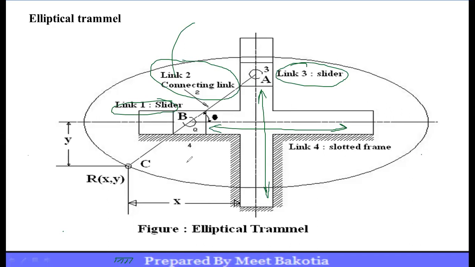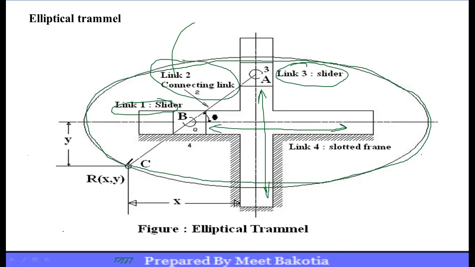While they move, at the end of this coupler link 3, at this point C, the path of an ellipse will be generated. Such a mechanism is used for tracing the path of various sizes of ellipse.